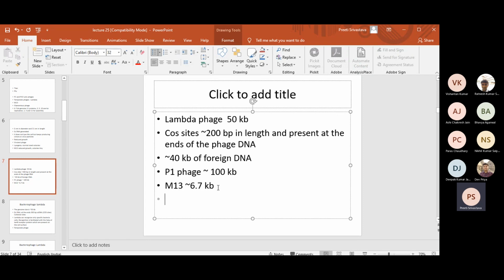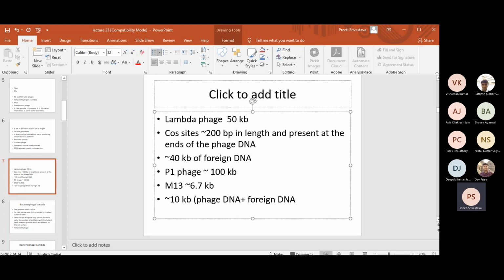In case of M13 phage, because it's a filamentous phage, it is prone to breakage by shear damage. Therefore it is not a good idea to increase the total length by more than 10 kb, which includes phage DNA and foreign DNA.